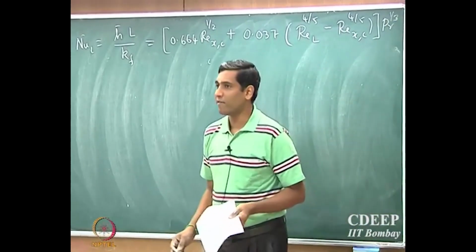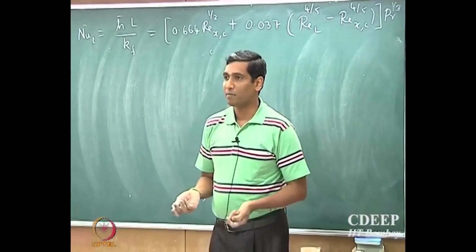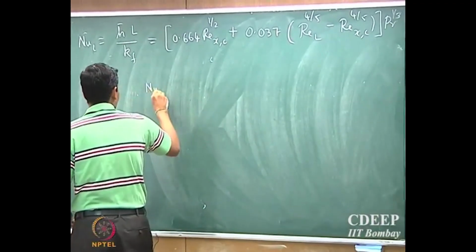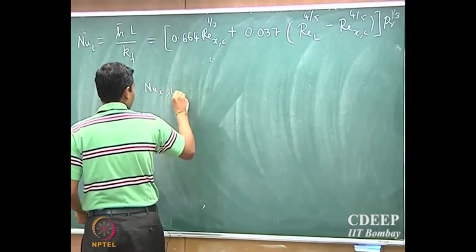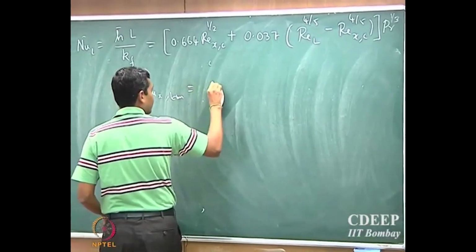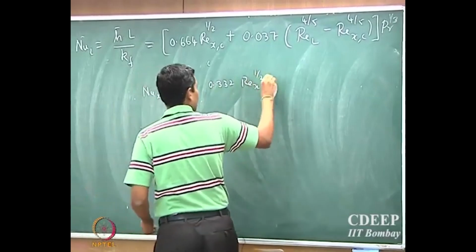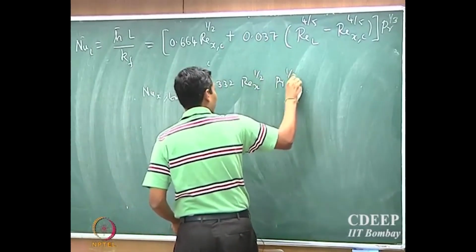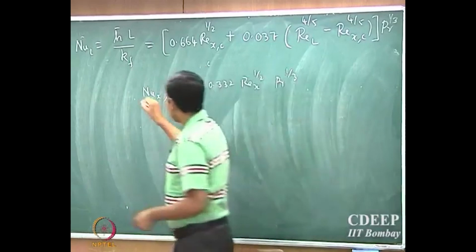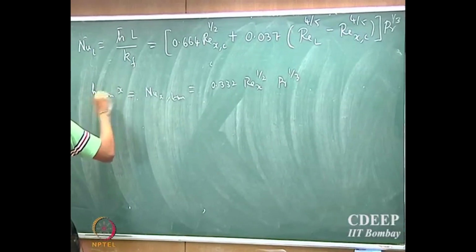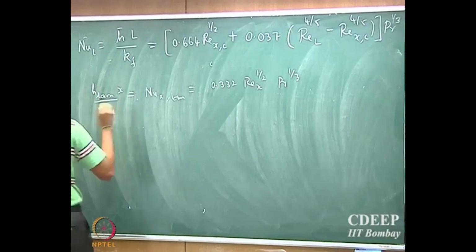So all I have done is I have taken the expression for local Nusselt number, that is Nu laminar, that's 0.332 Rex Prandtl to the power of 1 by 3. So this is nothing but H laminar into X by Kf.